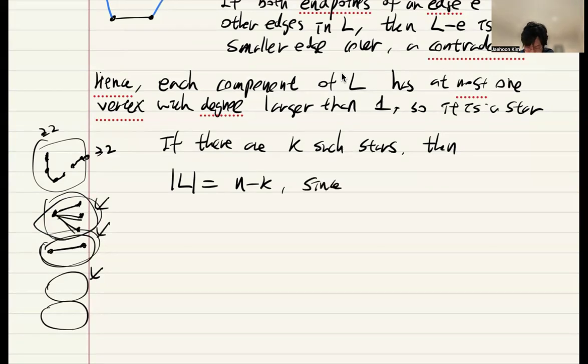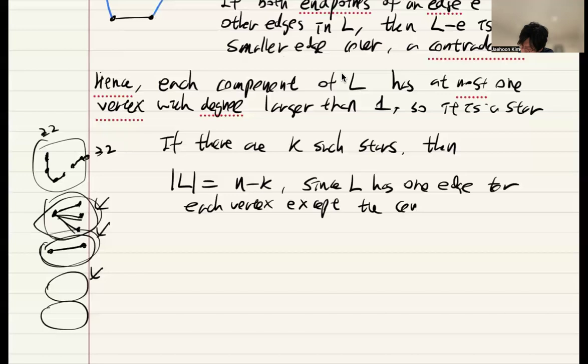So we have this because L has 1 edge for each vertex except the center of the stars. If we have a star, you take 1 as center and the rest as leaves, so the number of edges is 1 for each leaf. So what do we know?